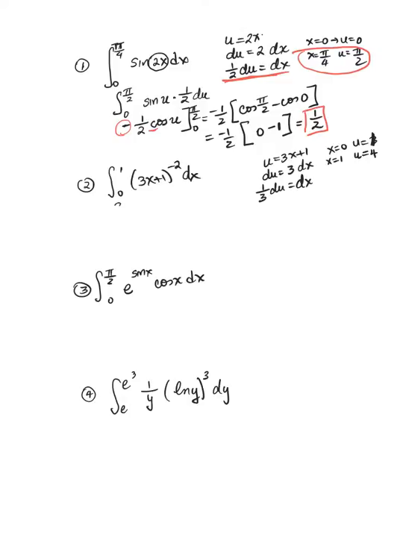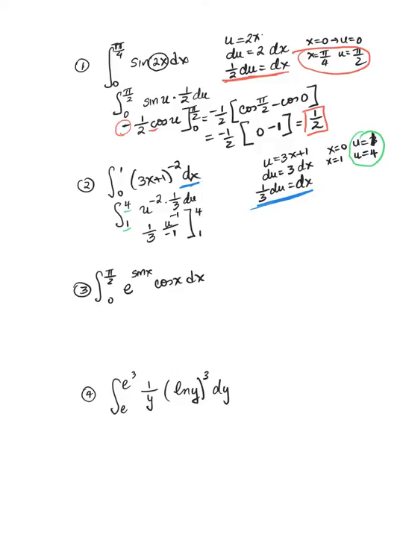So this u integral becomes the integral from 1 to 4 of u to the negative 2 times 1/3 du. Notice again, we substitute the dx and we substitute the limits of integration there. And we get 1/3 u to the negative 1 over negative 1 by the power rule.